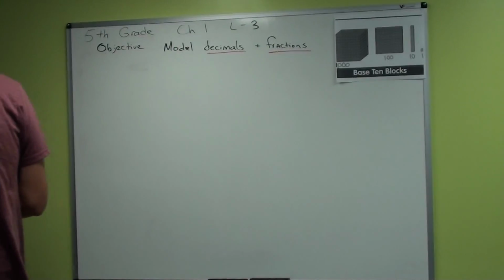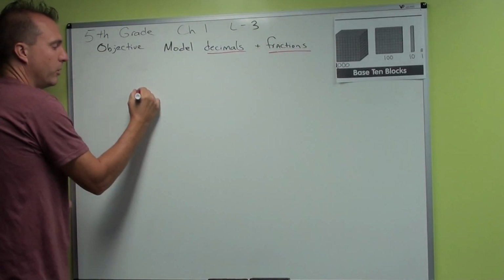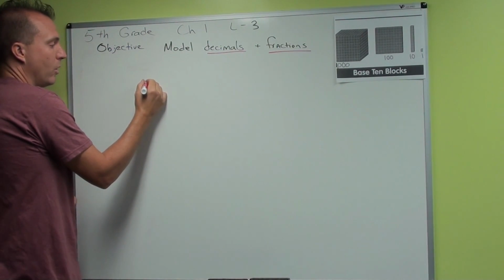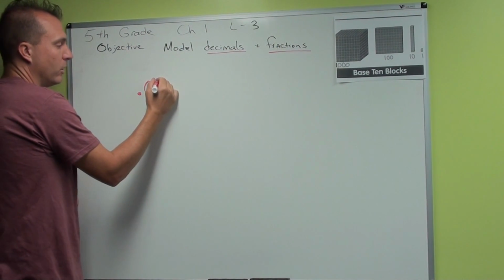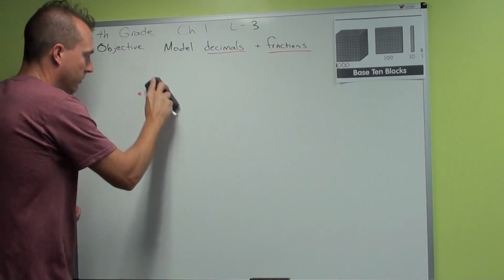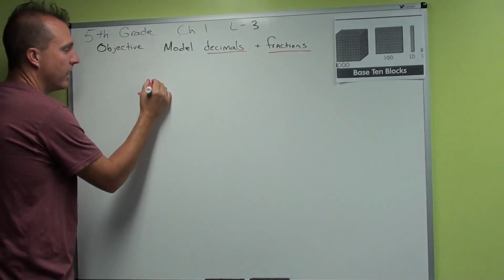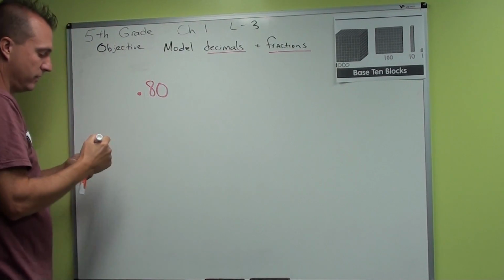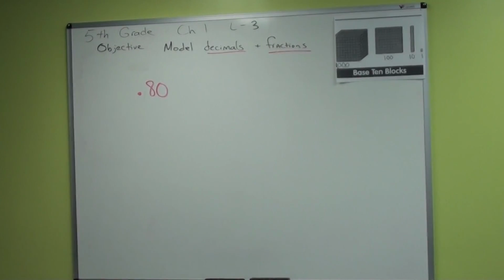Alright, our next one's going to be decimal point 80. No, don't do 0. I wrote the wrong thing. 80. There we go. 80. Which we know that number is, if you're thinking 80 in your head, you are right.